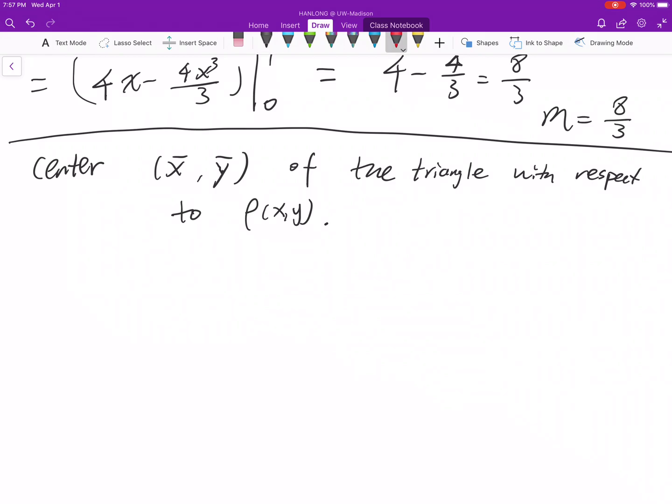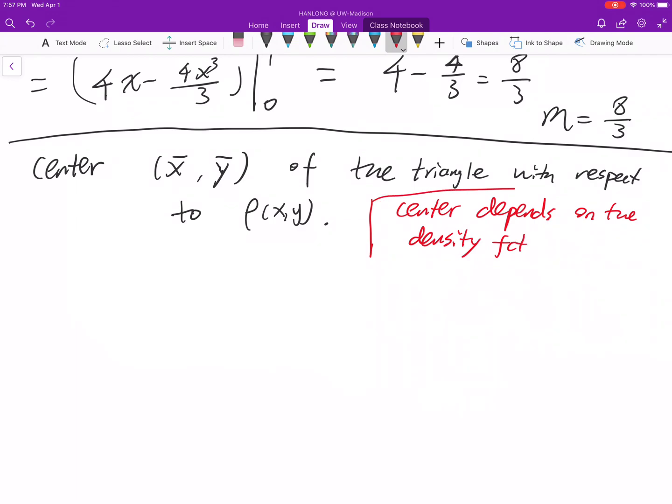So just a remark, the center depends on the density function. If you choose a different density function, your center will be different.